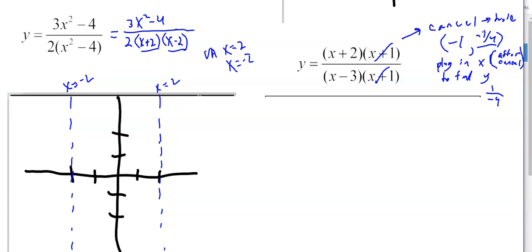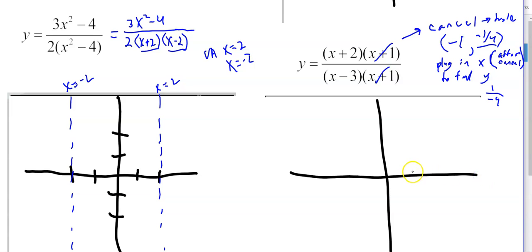We'll get to that in just a minute. Let's go ahead and graph this out. Okay, so let's try to plot that point at -1, -1/4, right about there. Oh wait, I drew that with an open circle. I should have drawn that.